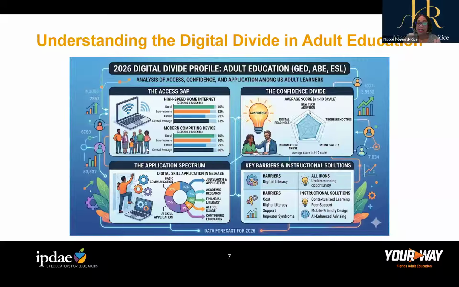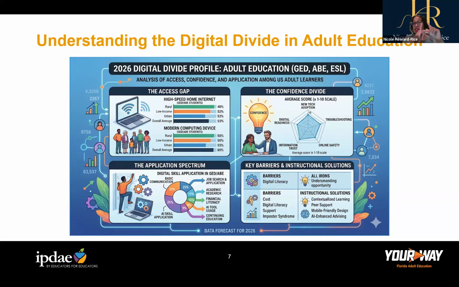So we discussed the access gap, we discussed the confidence divide, and we've discussed the application spectrum. We've mentioned a little bit, but we're going to delve into this more on the key barriers and instructional solutions. So, like the digital literacy barriers, the barriers around cost, support, and imposter syndrome.